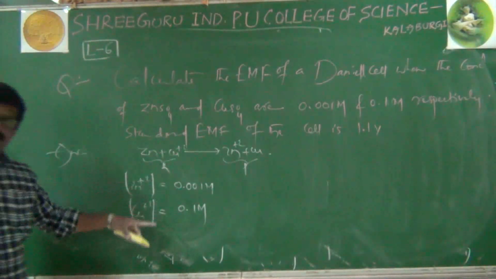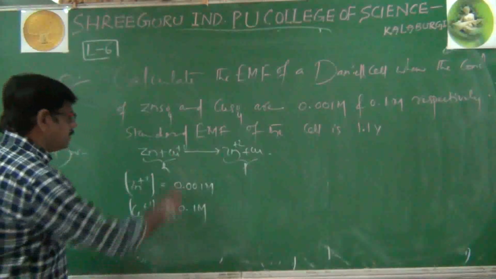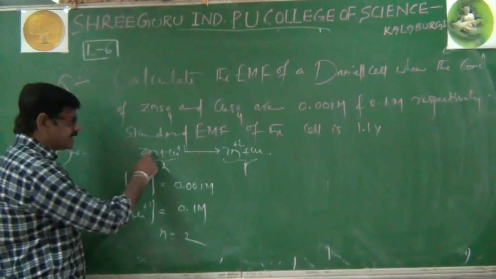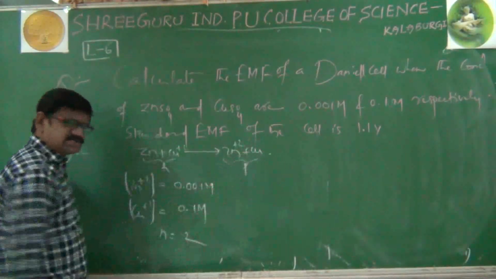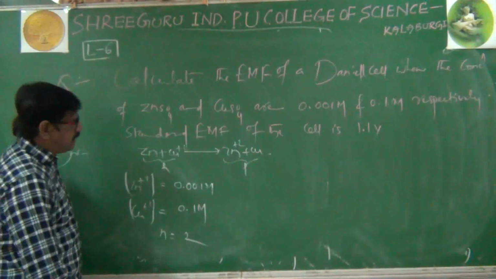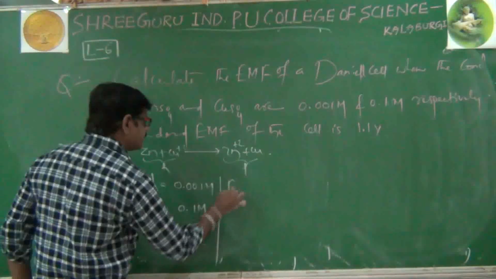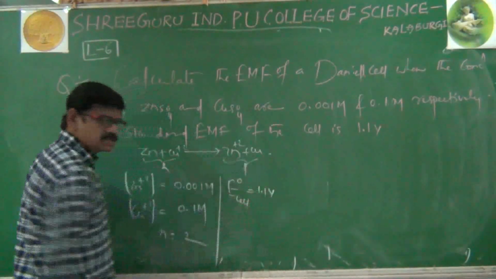Both the values are taken from the question only. Next, here n value is 2, because Zn converted to Zn plus 2, 2 electrons. Cu plus 2 converted to Cu, there also 2 electrons are involved. And the standard EMF, E0 cell, is 1.1 volts.